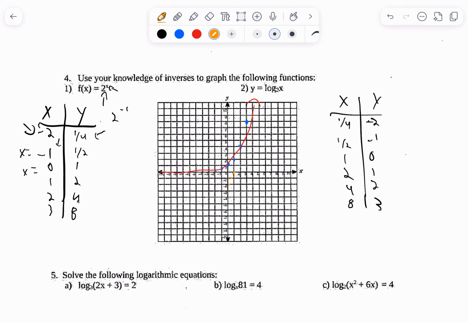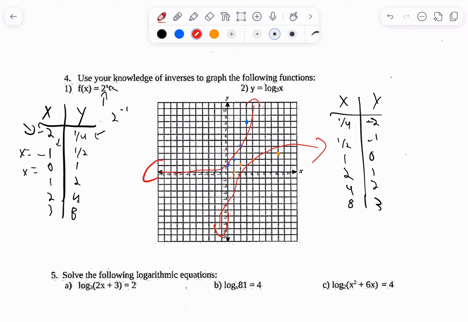Then 1 and 0, 2 and 1, and then 4 and 2, 8 and 3. See how it's very different from the other. And by the way, there's also an arrow on the line here.